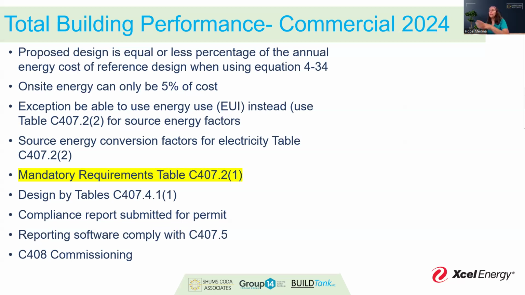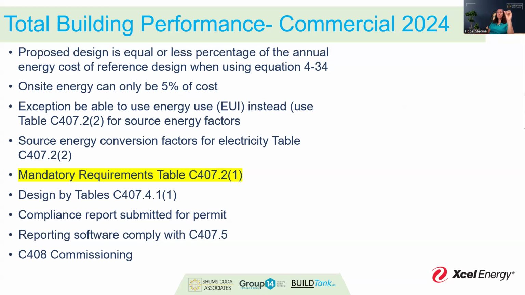If you happen to be including on-site energy for that, you are only permitted to include up to 5% in adding that to your annual energy cost, or it would translate as far as your energy use intensity. So it would count for that.